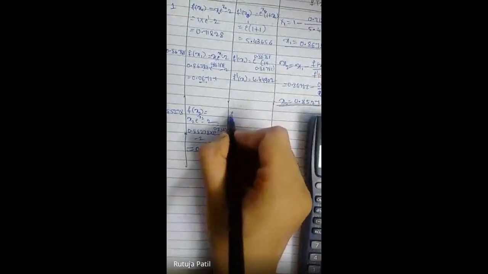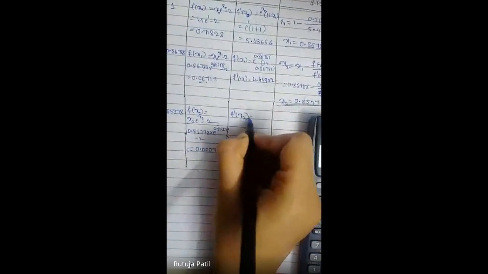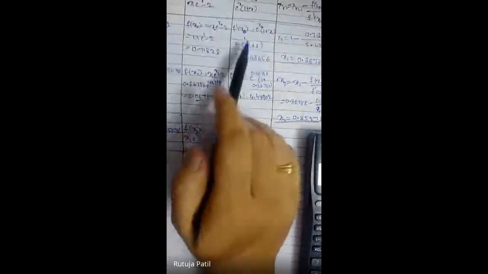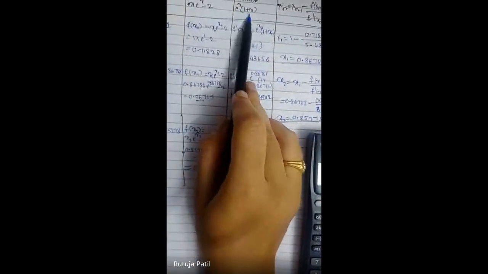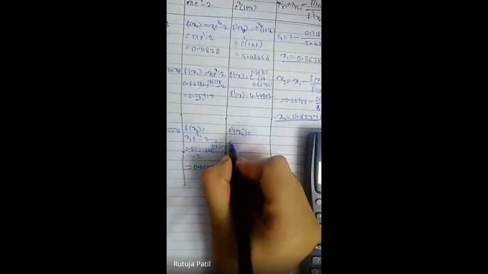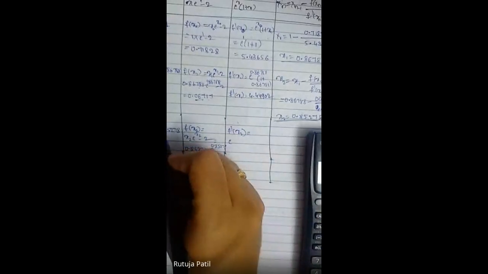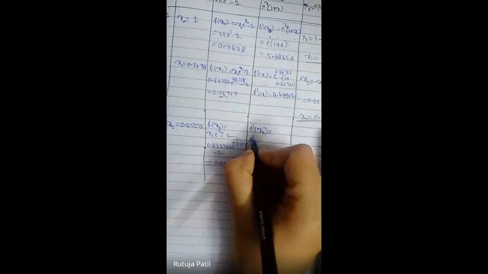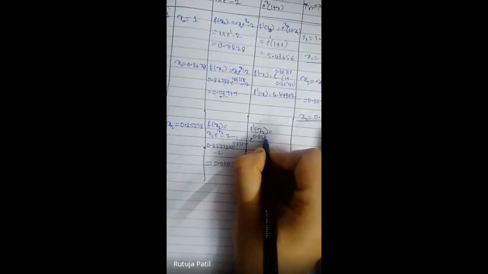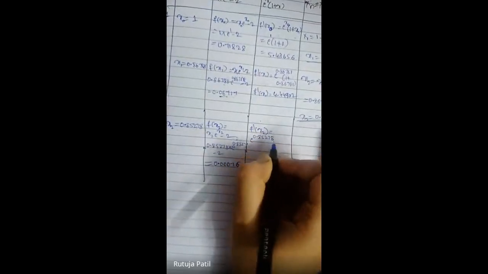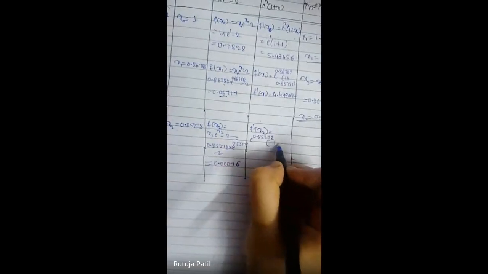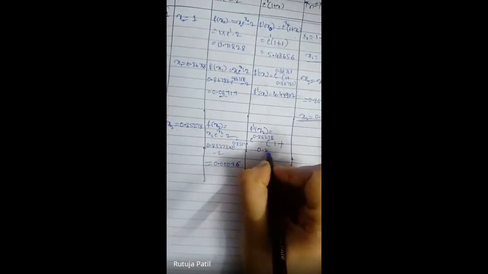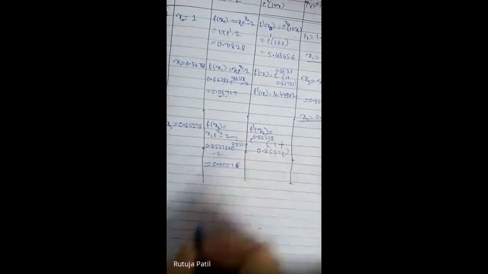Now next, f dash of x2. What is the equation? That is e to the power x in the bracket 1 plus x, right? So e to the power x is, that is x2. x2 is 0.85278 in the bracket 1 plus 0.85278.